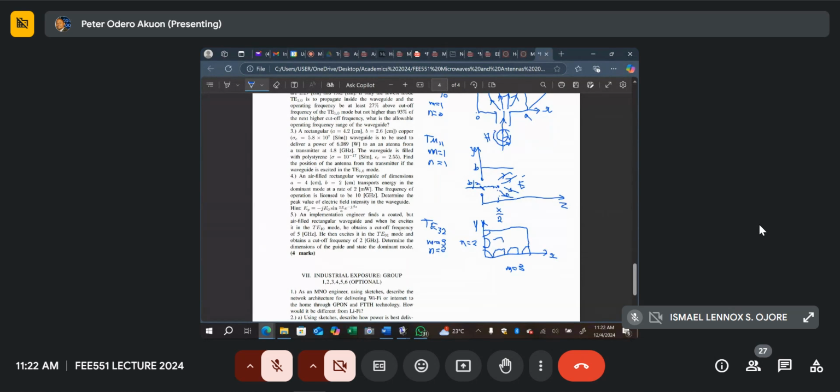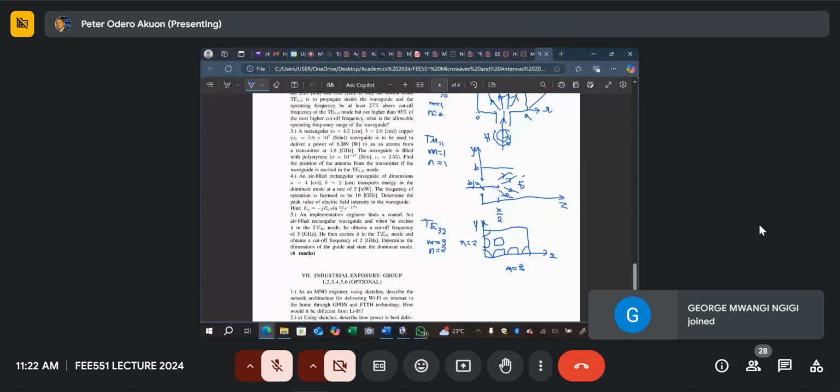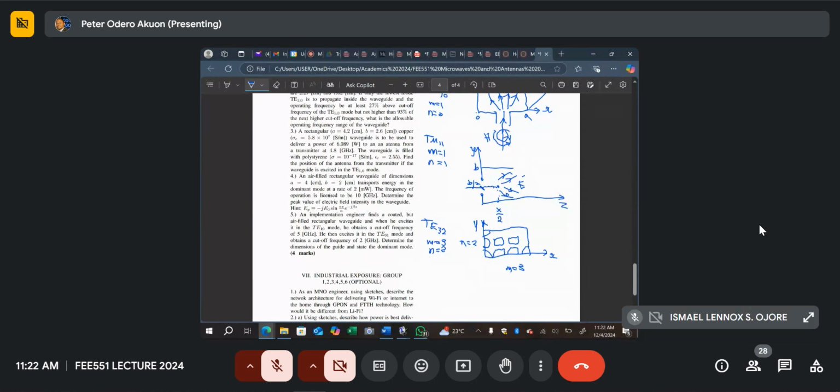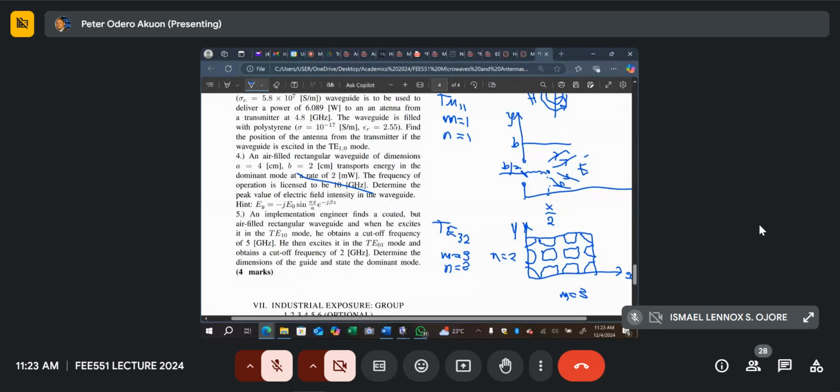So you can see M is always 3 on X, N is 2 half waves.